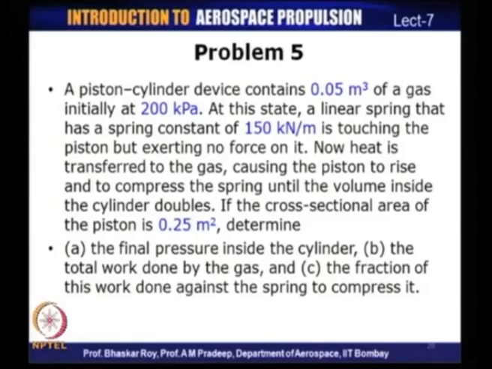It is just touching the piston, but the spring is not exerting any force on it. Now, as you heat the gas in the cylinder, the piston will start rising, because the volume of the gas will increase, and as the piston rises, that will compress the spring.